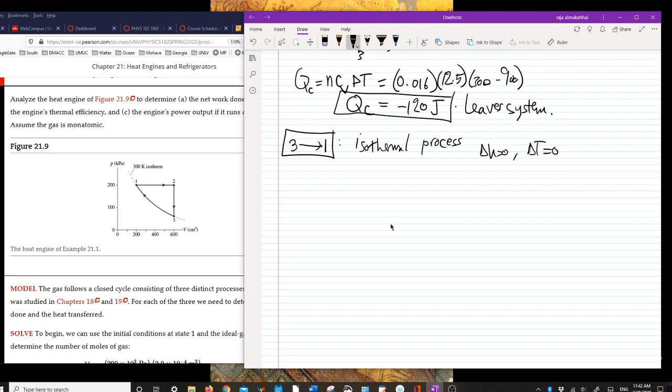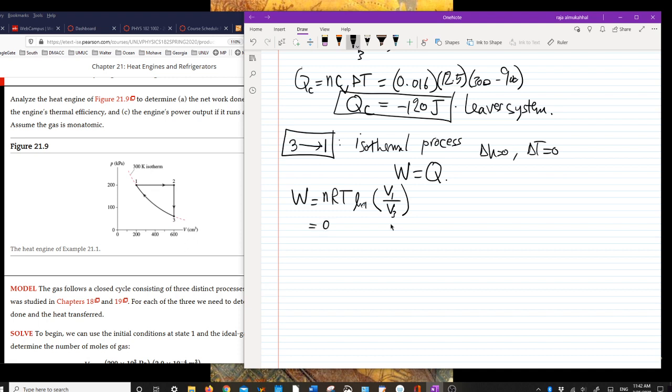As a result, you remember from the first law of thermodynamics, W and Q are equal. Okay, so let me calculate W. If you remember, W for isothermal is nRT natural log of V final over V initial. That makes it V1 over V3 for our case, correct? And that's going to give you a negative answer because V1 here is smaller.